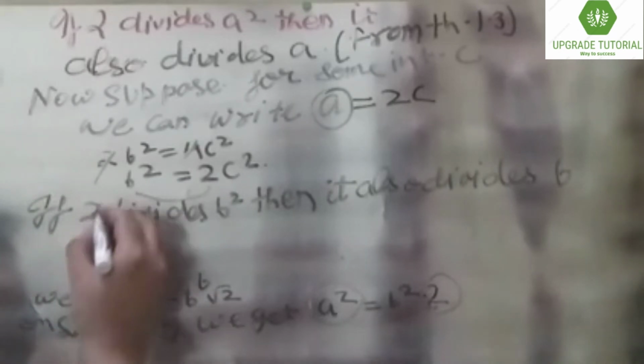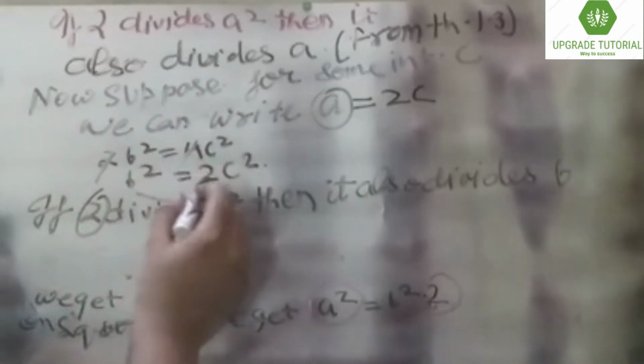So we can say that a and b have another common factor, that is 2. 2 is a common factor of a and b, which contradicts our assumption.